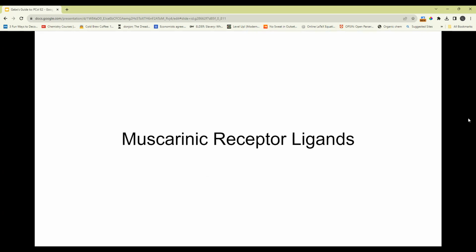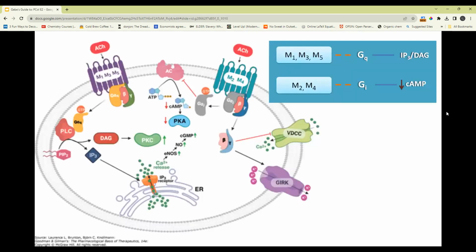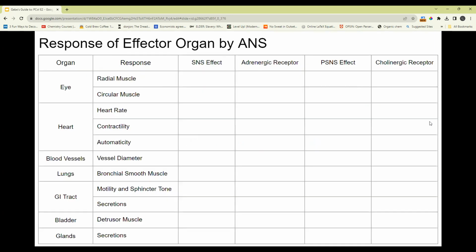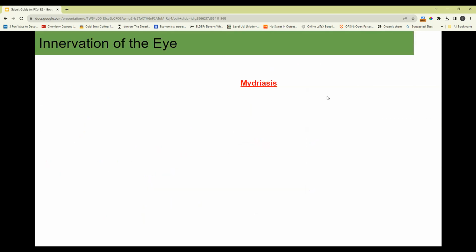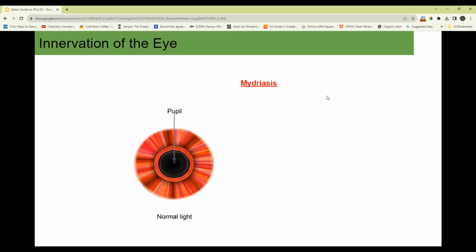All right, let's get into the fun stuff now. When we talk about muscarinic receptors, please, please, please remember this. The odd receptors are Gq, M1, 3, 5, and the even receptors are Gi.